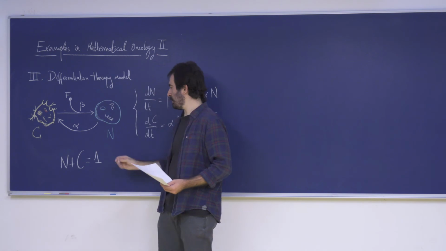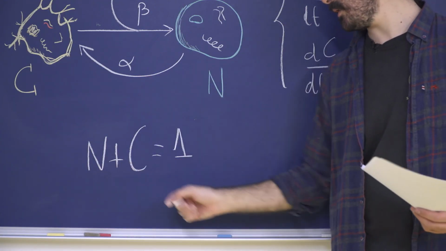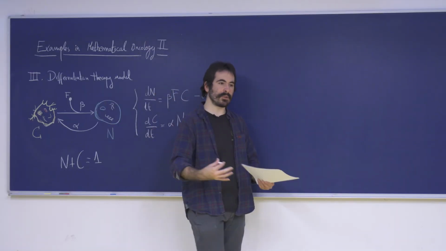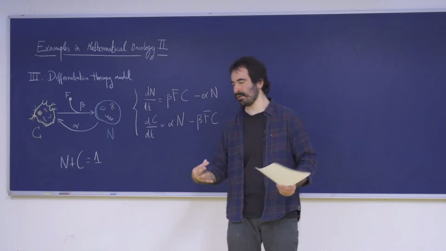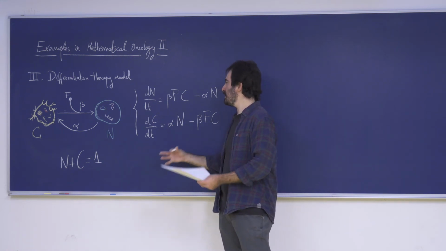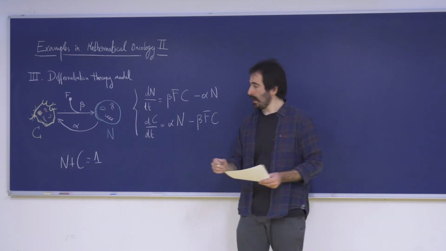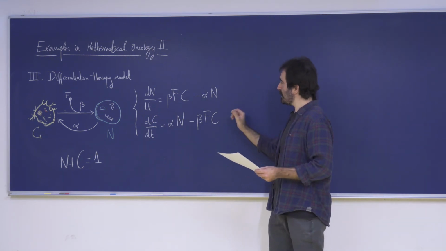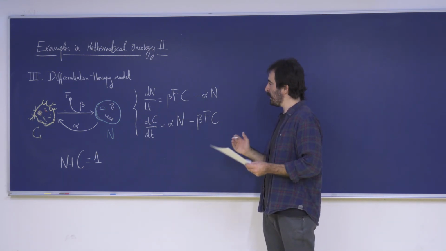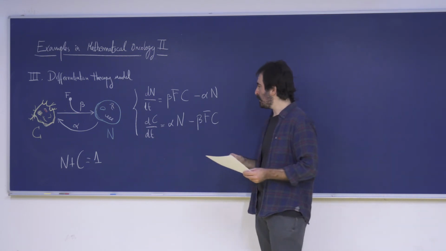Normally we'll do it this way: the total number of cancer cells and the total number of normal cells add up to some constant value, but we'll take this constant to be 1, normalizing these numbers and making it easier for us to work with the differential equations. Again, this is equivalent to the SIS model, so it allows us to leap forward quite rapidly.